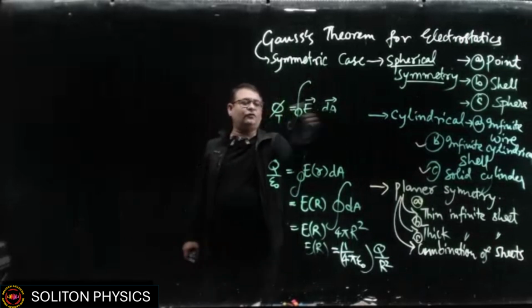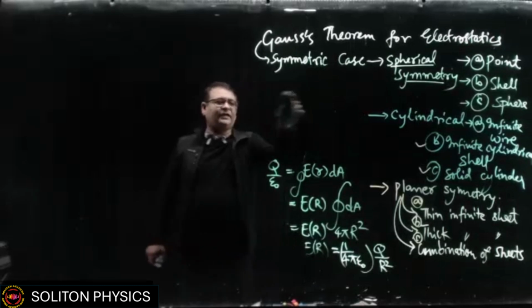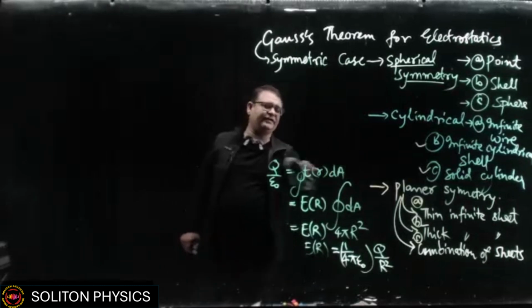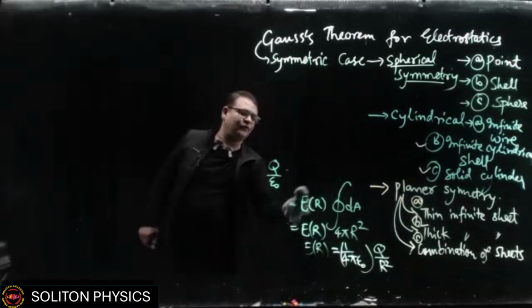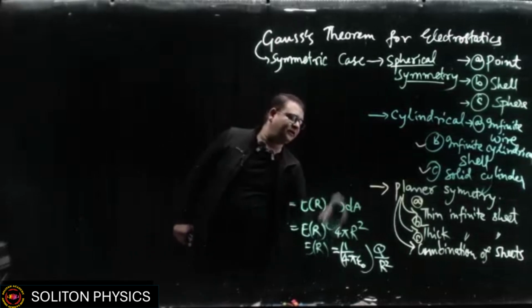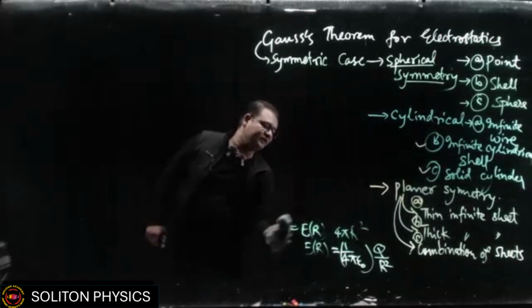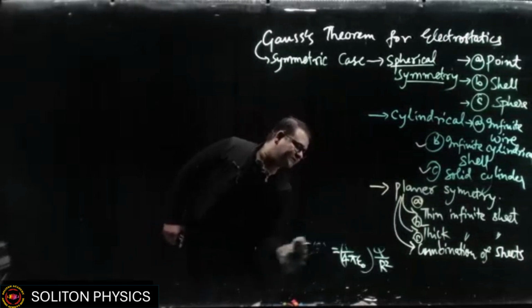What you are doing in this with the electric field, in gravitation you will do with the gravitational field. Okay, so this chapter and the next chapter are really important if you want to understand even gravitation with more details.